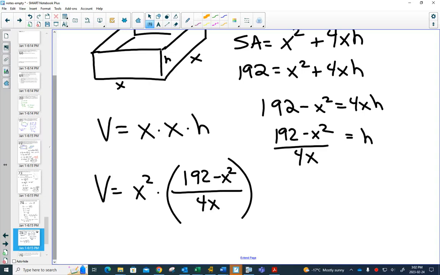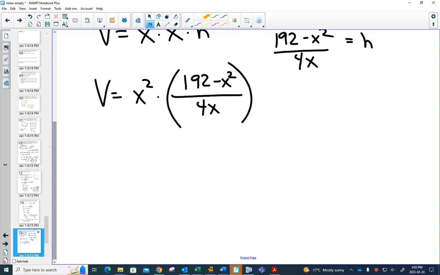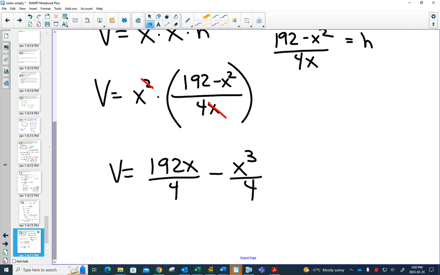The x squared and the x on the bottom could cancel out. If I cancel out one of these x's with this x and distribute the other one, I'm going to get 192x divided by 4 minus x cubed divided by 4.